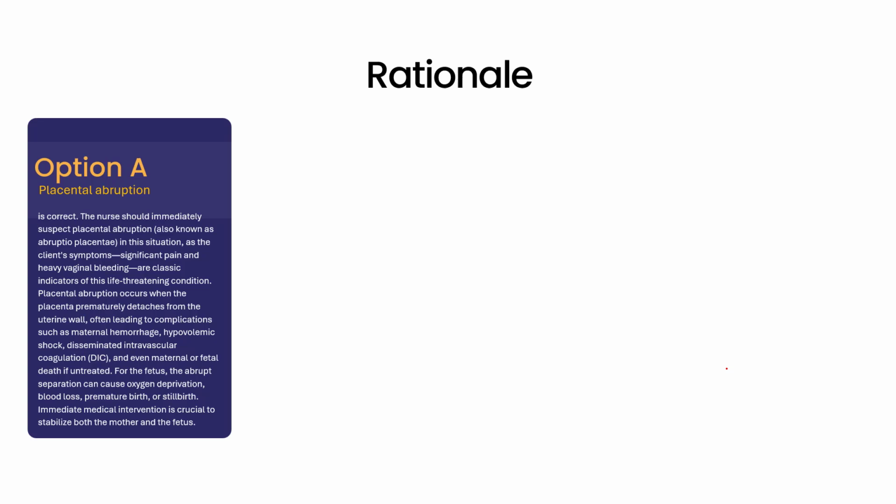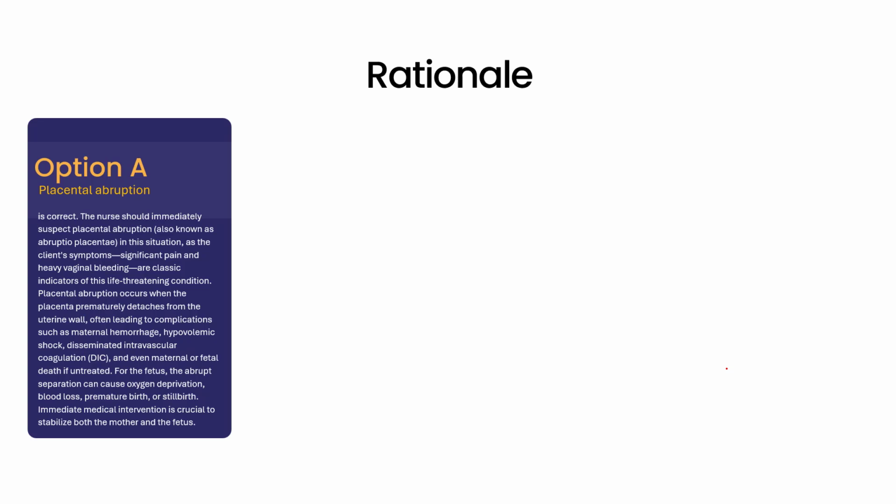Placental abruption occurs when the placenta prematurely detaches from the uterine wall, often leading to complications such as maternal hemorrhage, hypovolemic shock, disseminated intravascular coagulation, and even maternal or fetal death if untreated. For the fetus, the abrupt separation can cause oxygen deprivation, blood loss, premature birth, or stillbirth. Immediate medical intervention is crucial to stabilize both the mother and the fetus.